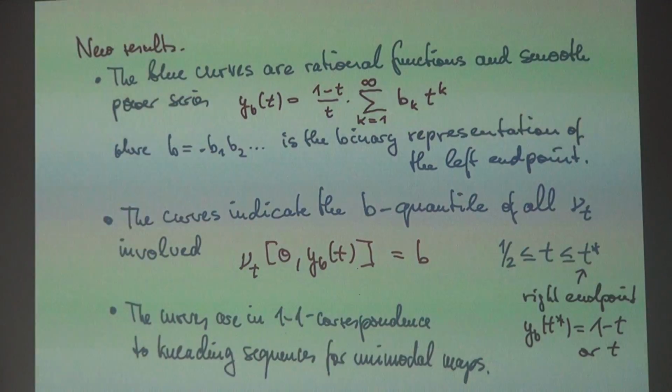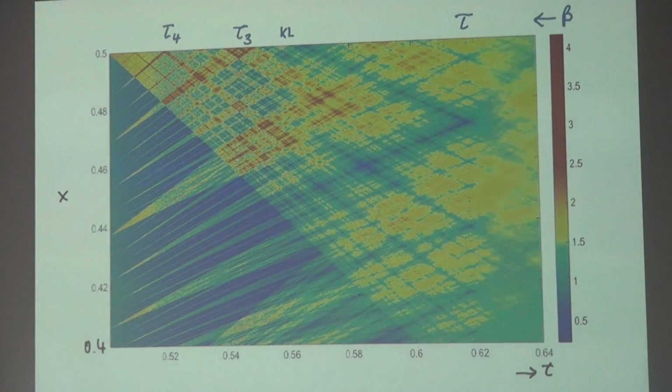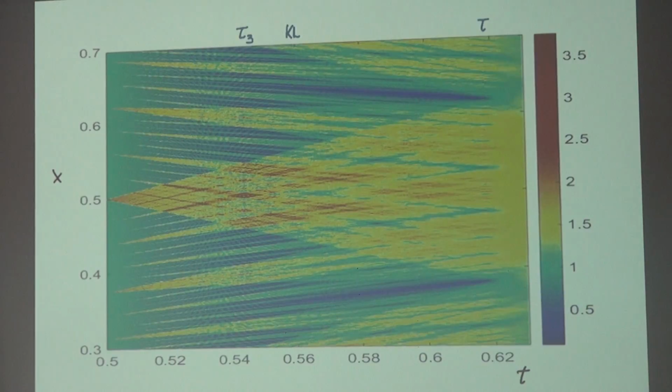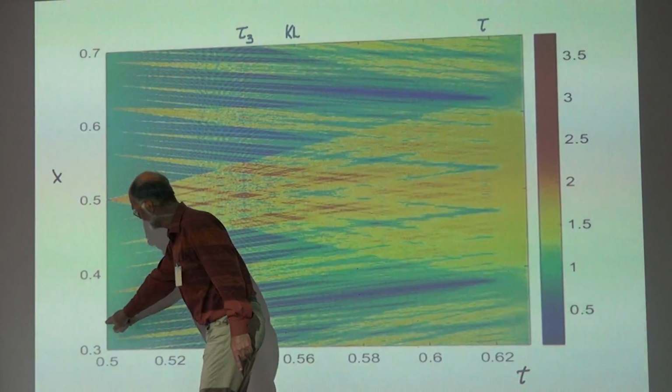The curves are interesting: they indicate a quantile of the Bernoulli convolutions. Let me make this clear. The biggest blue curve starts here and goes to 1/3.